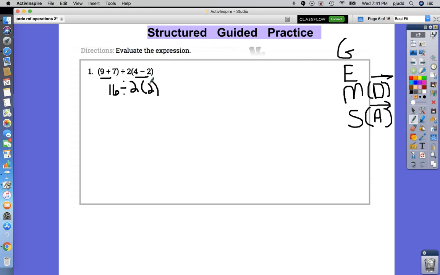Now, notice there's just one number in the parentheses. There's nothing left to clear with the parentheses. So now these parentheses are indicating that this means multiply 2 times 2. So I'm going to take a look at what I need to do first from left to right.